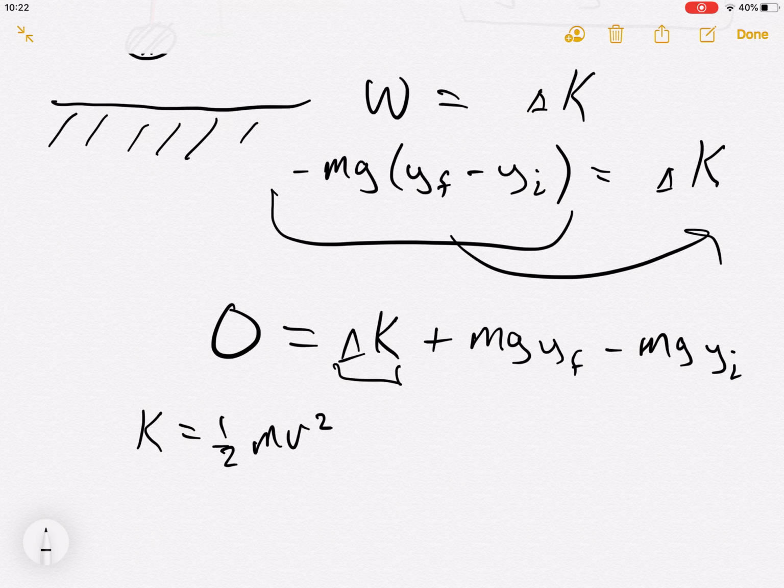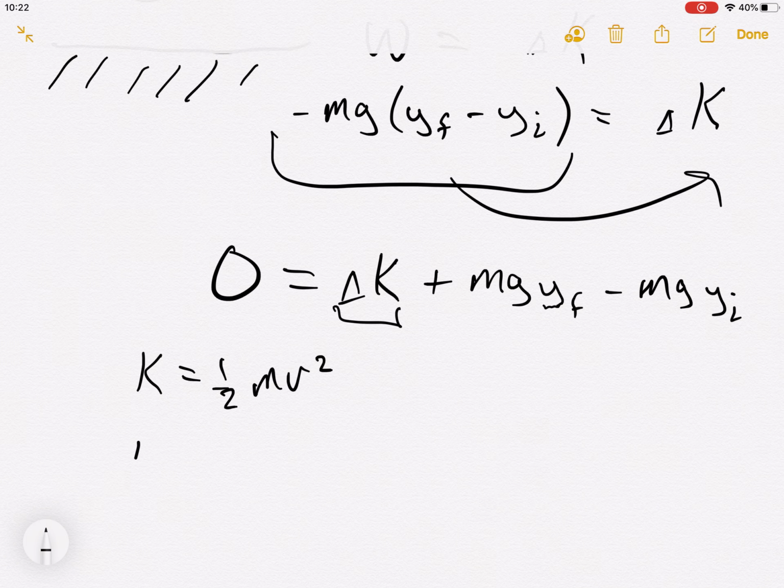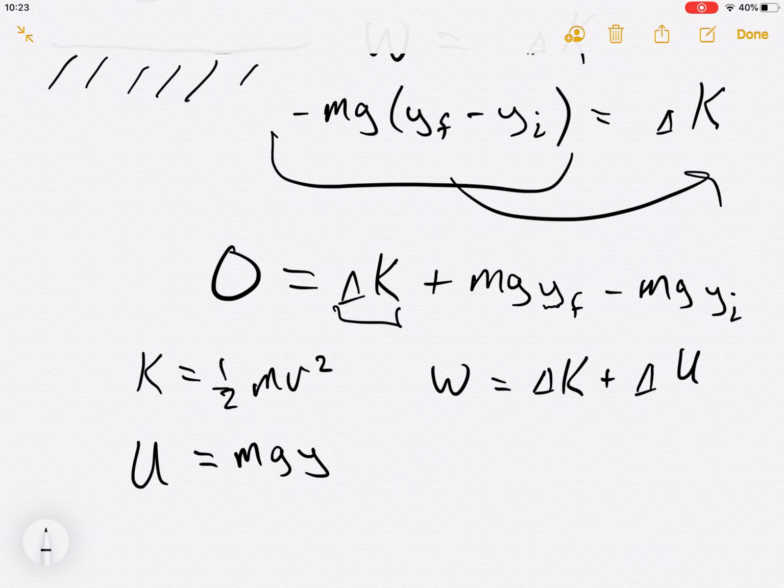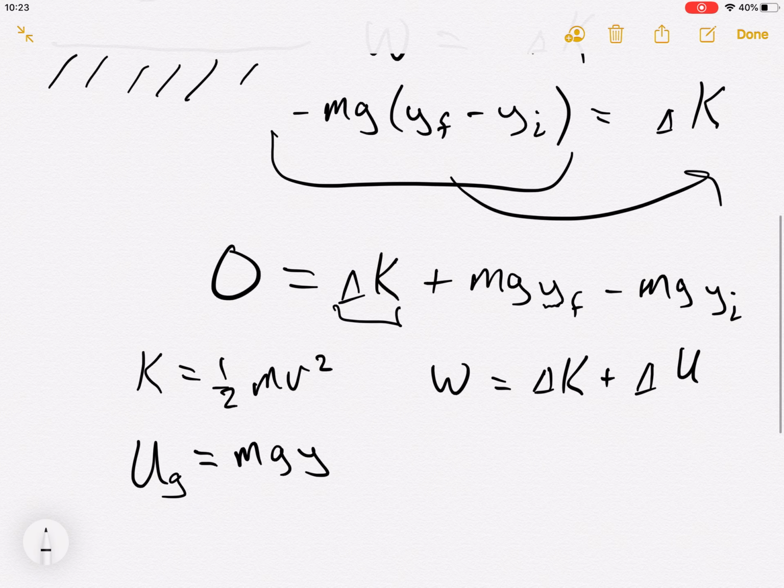Now look, motion under gravity, which is constant acceleration motion, gives me a change in some other quantity, which we could call, sometimes we call it capital U. In this case, it's mgy. So I could rewrite this equation as work equals delta K plus delta U. Specifically, this is a specific kind of U. We call it U sub G.